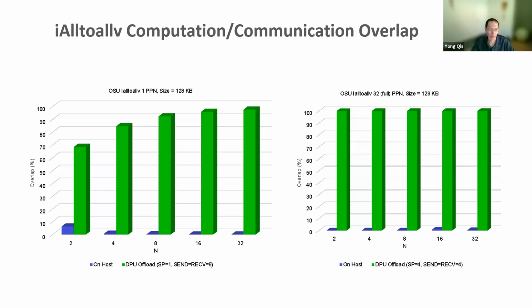Here you can see for a 1 PPN case, as soon as you increase the node count to 8, the overlap percentage between communication and compute can reach about 90%. Of course, the more nodes we have, the better. However, for the 4 PPN and 32 PPN cases, we almost reach 100% overlap, starting with only 2 nodes. So next slide, please.